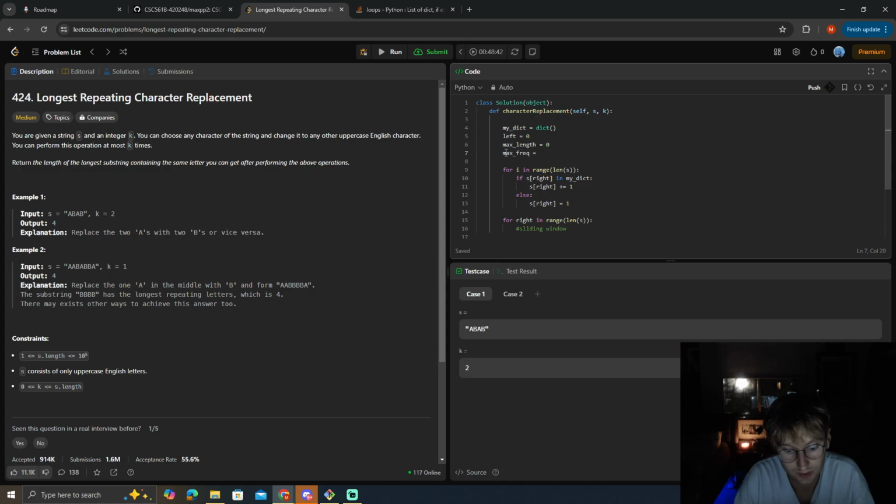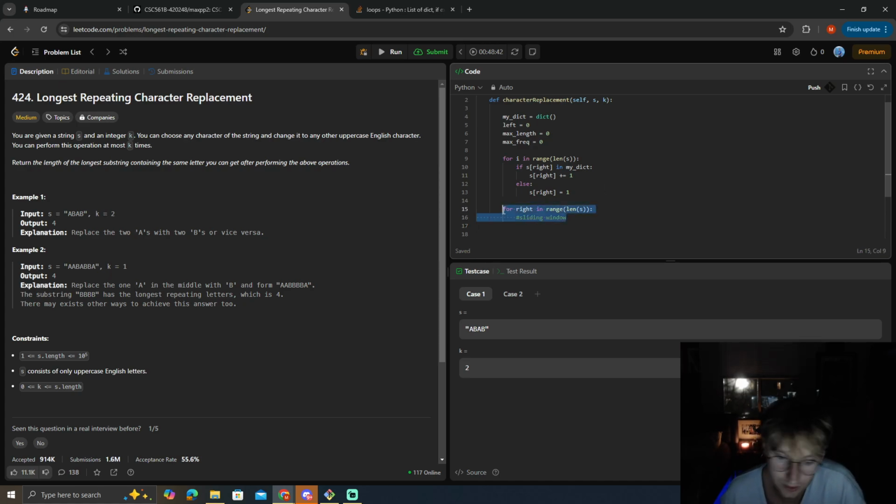max_freq is equal to 0. So I should just continue within this for loop, instead of using right in range. Here they tell us to update the max freq, which should be the max of max freq and the count, and then let's start right.